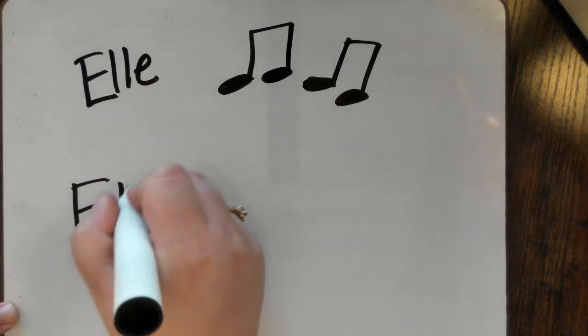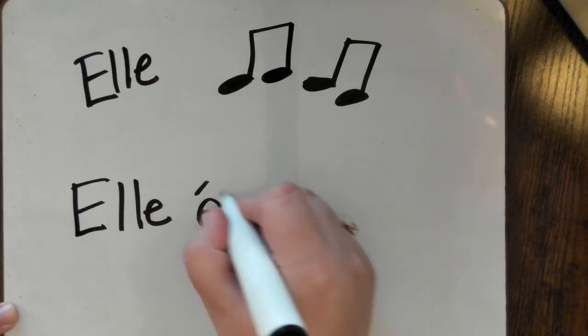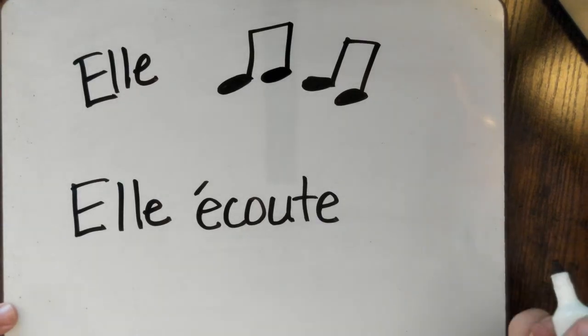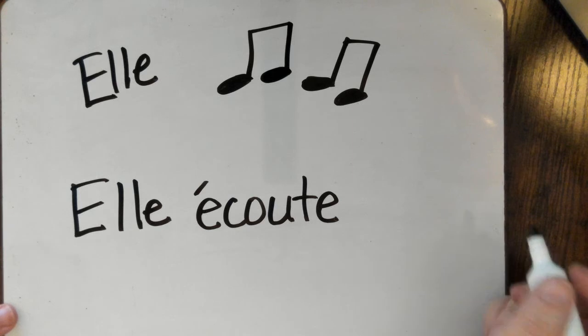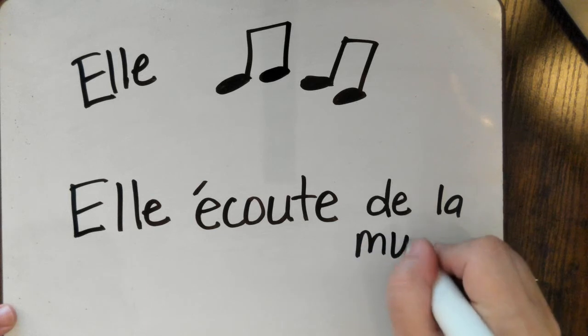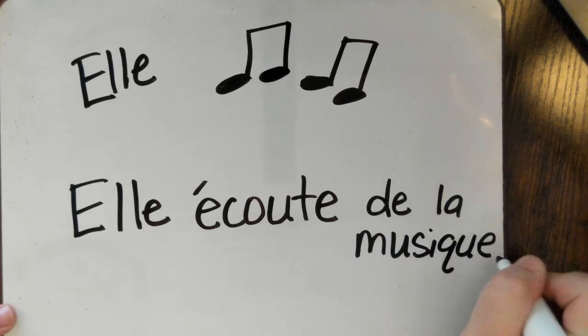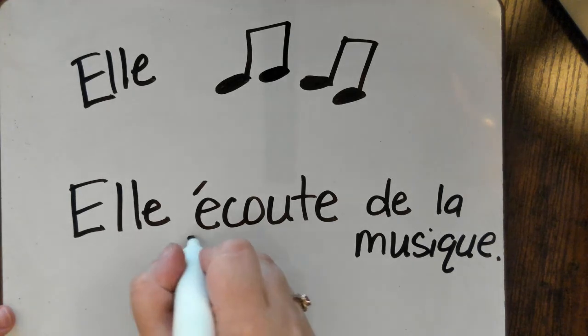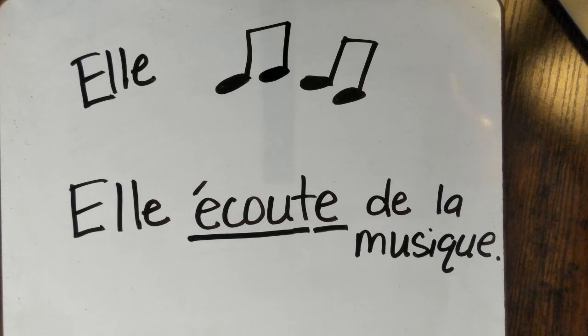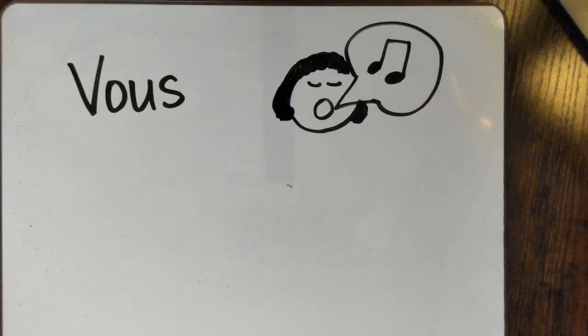Well, what do you do with music? You listen to music. So here's the subject and the verb, and then maybe you added de la musique. Here's my stem, here's my ending. Just the T is part of the stem. And then de la musique is just like extra information that's fun to know. Okay, here's the next one. Vous is the subject.